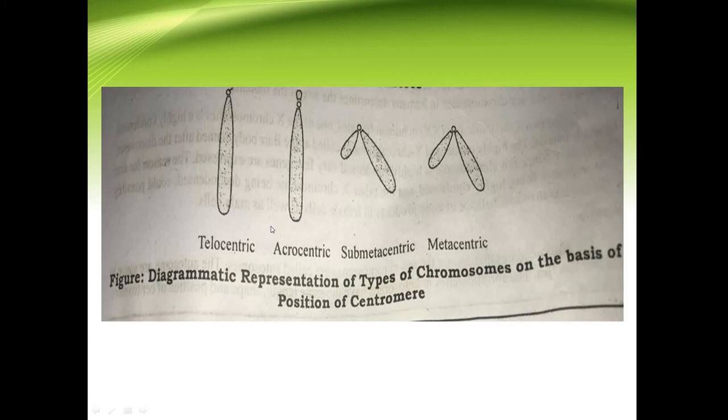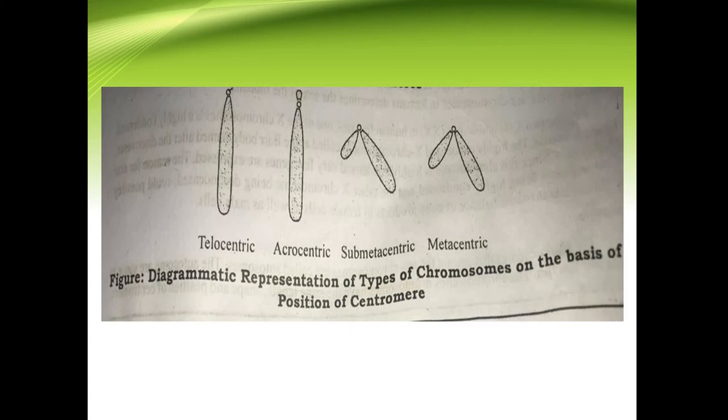Next we have submetacentric chromosomes. The centromere is lying away from the midpoint of the chromosome, somewhat away from the midpoint, so that the length of the chromosome arms becomes unequal in this submetacentric type of chromosomes.